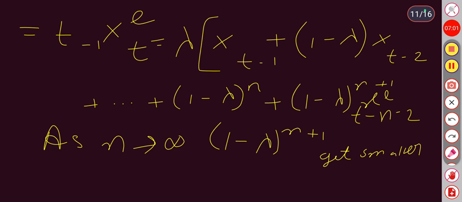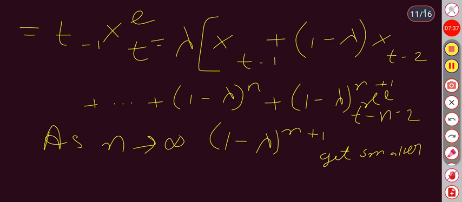Here as n tends to infinity, that means we are moving towards the previous period, the value 1 minus lambda to the power n plus 1 gets smaller because the expectation of the current period depends upon the previous period, but if n tends to infinity, our information from the previous period is already forgotten.